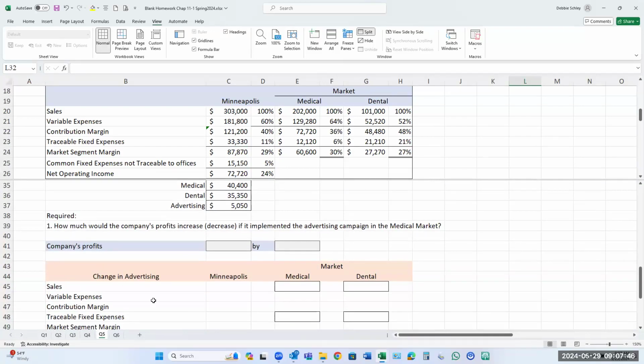Okay, so in the medical market, it said it would increase sales. So medical plus that 40,400, they said it would increase. And I know this is 100%.